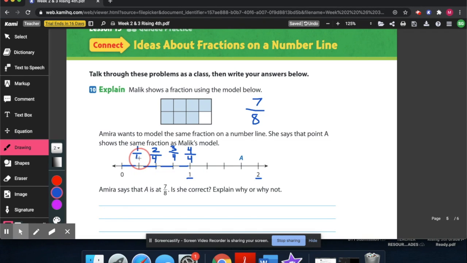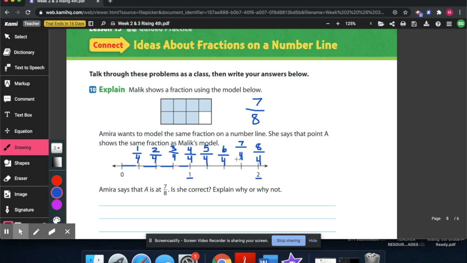Now that I'm at my 1, I'm like, okay, my next tick mark. What could it be? Well, it's not just going to turn into 8s. It's still going to have a 4 as the denominator. So I'm going to continue to write 4s as my denominator, and I'm going to continue counting. So now I have 5 over 4, 6 over 4, 7 over 4, and 8 over 4.